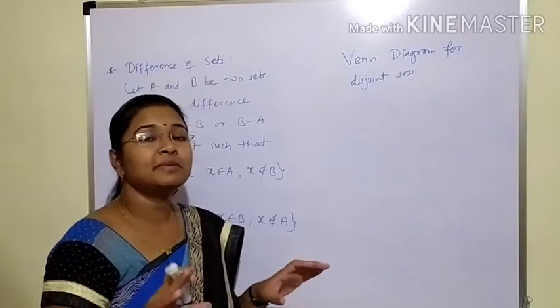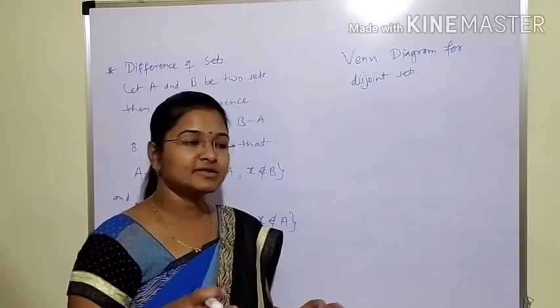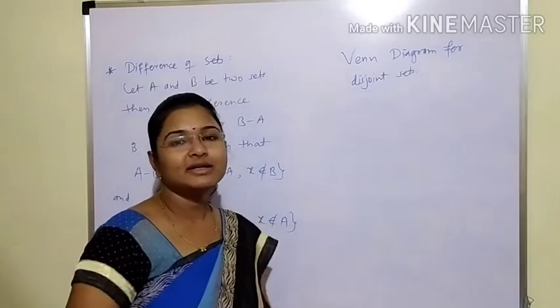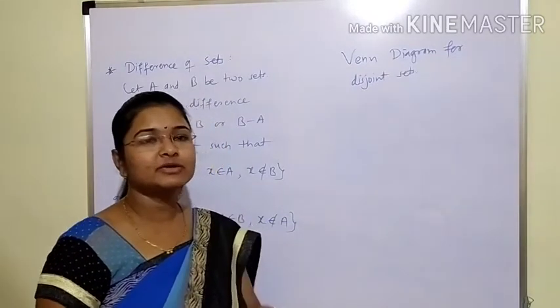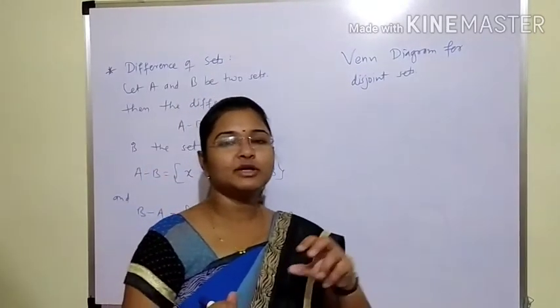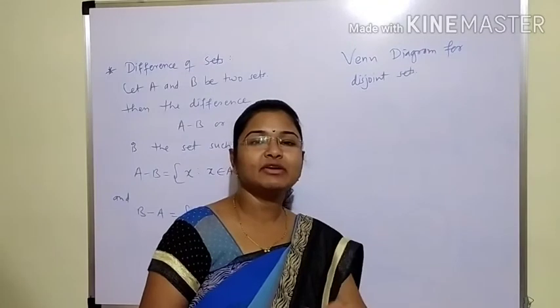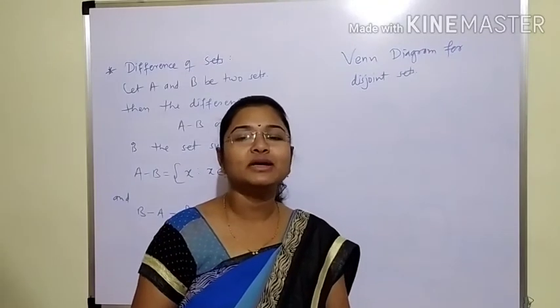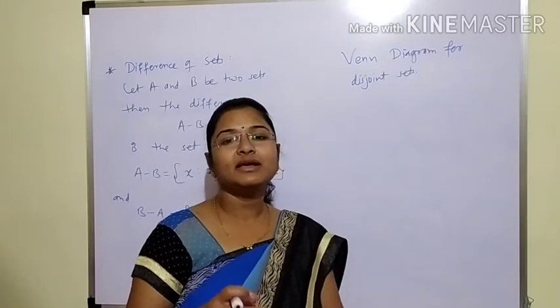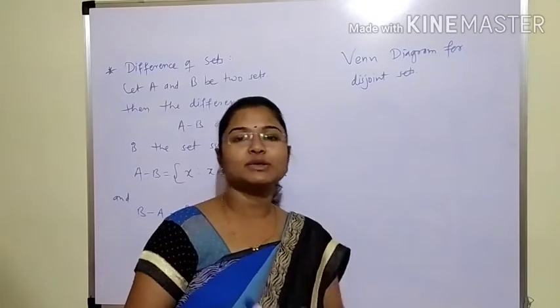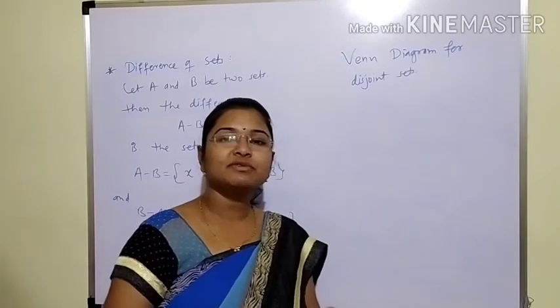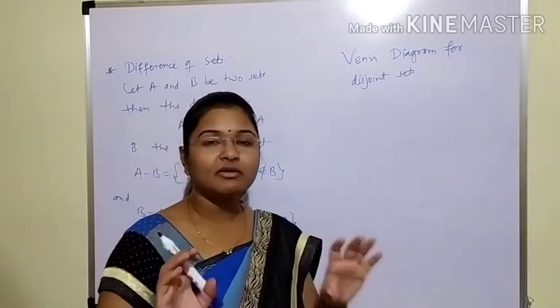Here we are not subtracting elements of sets from the another set's elements. Means suppose one set A is having 1, 2, 3 elements and set B is having 5. So A minus B, here we are not taking 3 minus 5, 1 minus 5, that we are not doing. Just we are taking out elements from the one set.